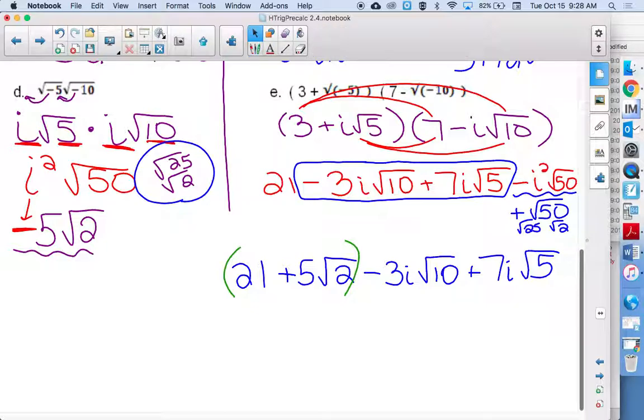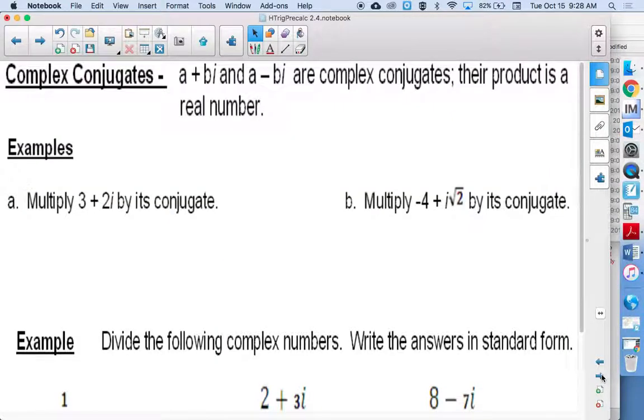So at the top of the next page, it talks about something called a complex conjugate. And we will use conjugates throughout the entire year. You actually already know what a conjugate is, just may not have seen the word. If you have x squared minus 4, how would you factor that?